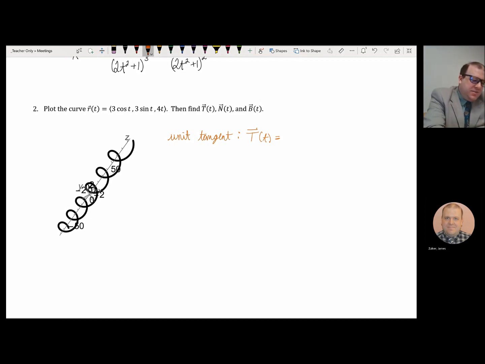Just the derivative of r? So there's your unit tangent. Unit normal.